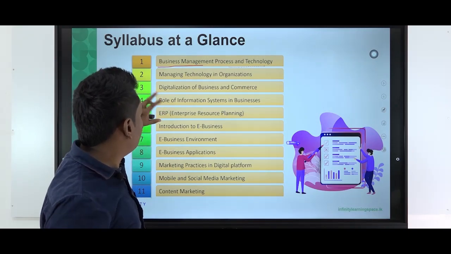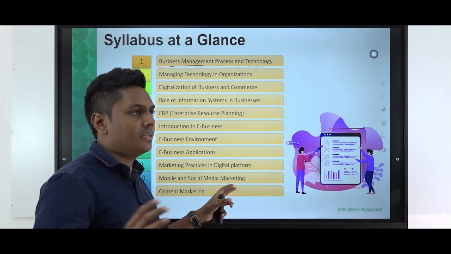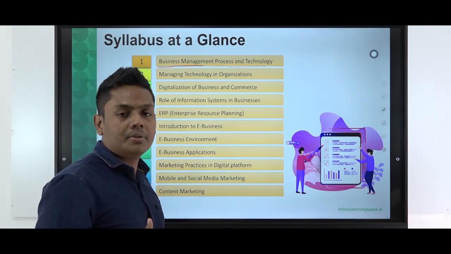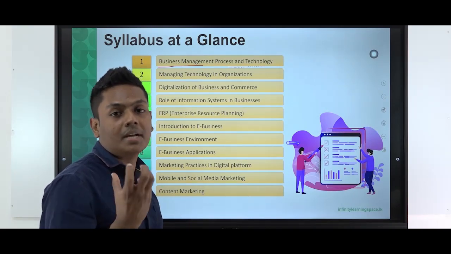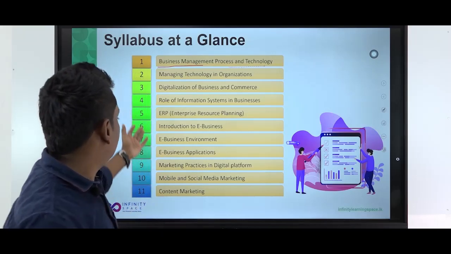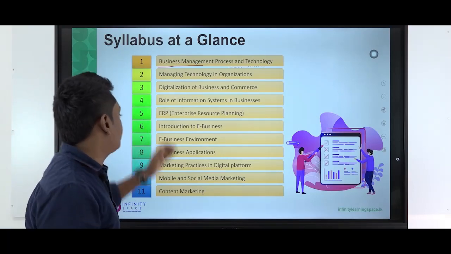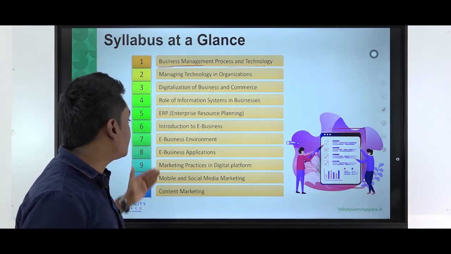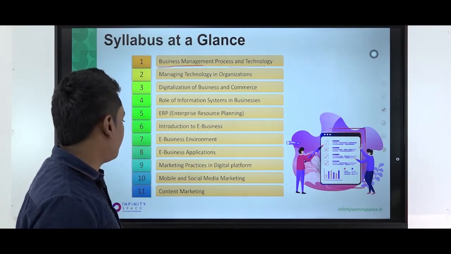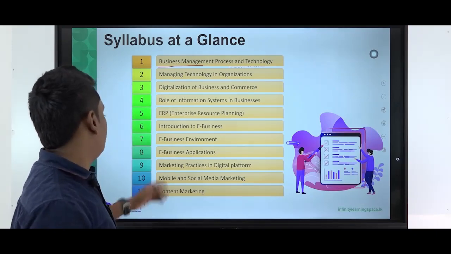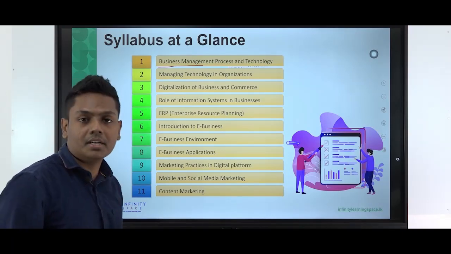There will be a lot of discussions under these chapters, which I can take you through in a very interactive and graphical way, using practical examples, for you to understand how these things work. Likewise, the other chapters covered in this syllabus are introduction to e-business and e-business environment, e-business applications, marketing practices in digital platforms, and mobile and social media marketing. And the 11th chapter will be content marketing.